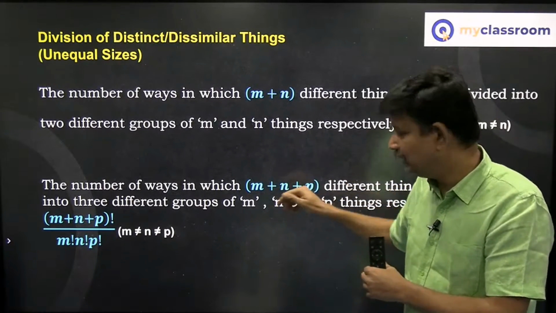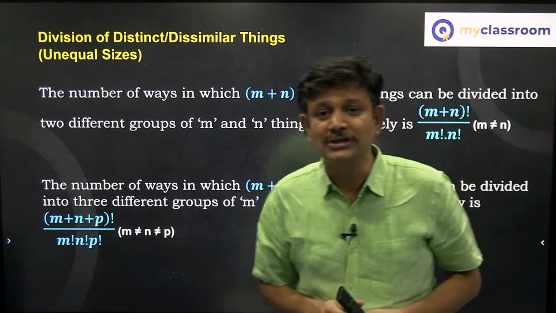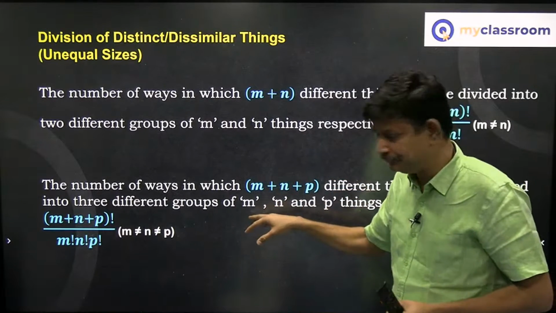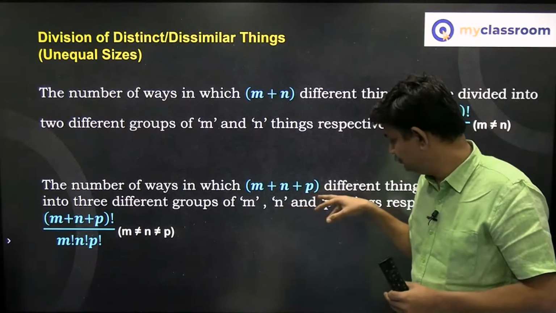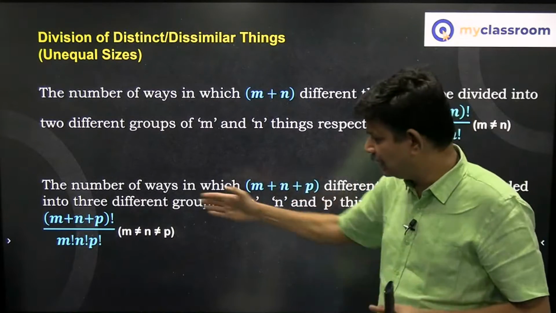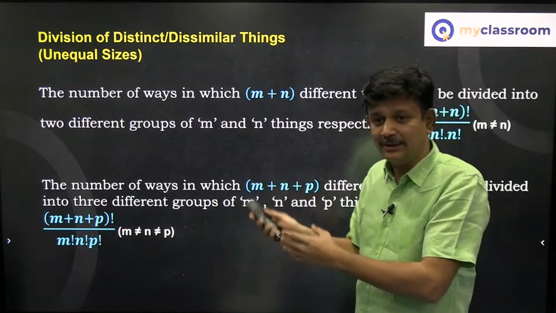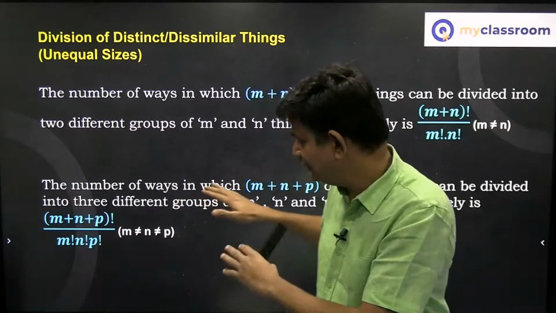N plus p C n. The remaining will automatically go to C. So the result is m plus n plus p C m multiplied by n plus p C n multiplied by p C p. That will automatically come down to m plus n plus p factorial by m factorial into n factorial into p factorial.